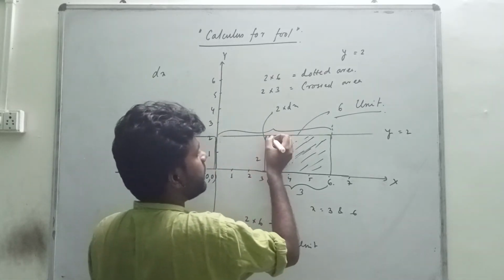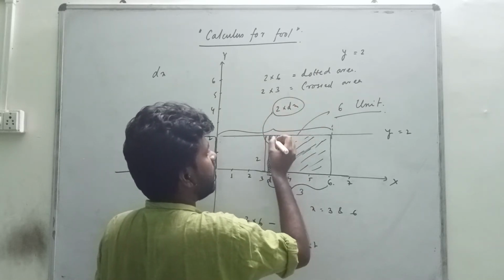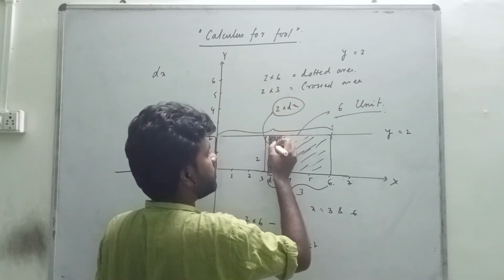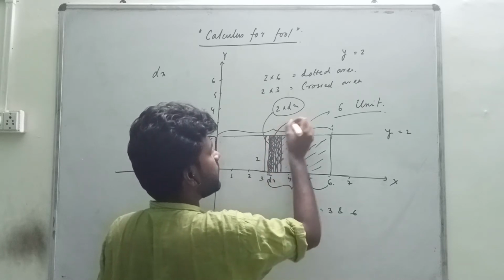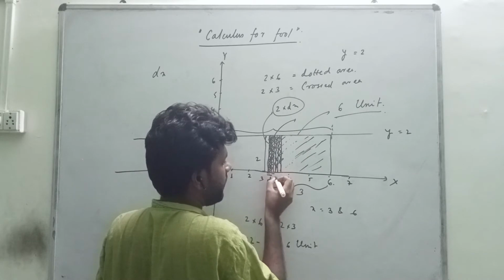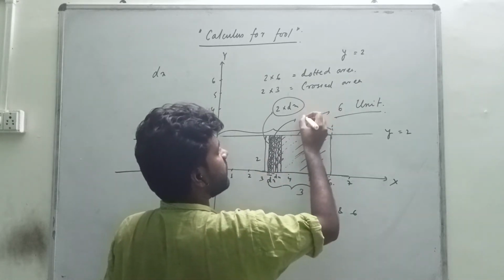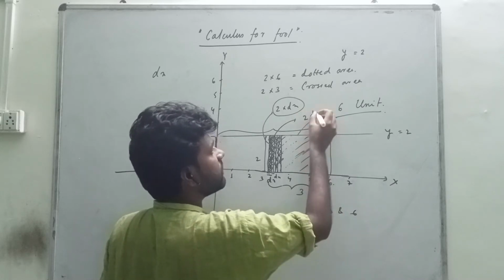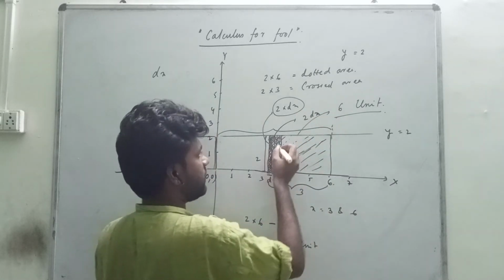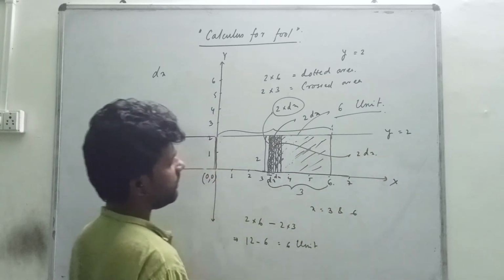So this is a very small rectangle with area 2 into dx. And obviously the second area is the same thing, the height is 2 and the base is another very small dx, so the second area is 2dx, and the third area is also 2dx, right?